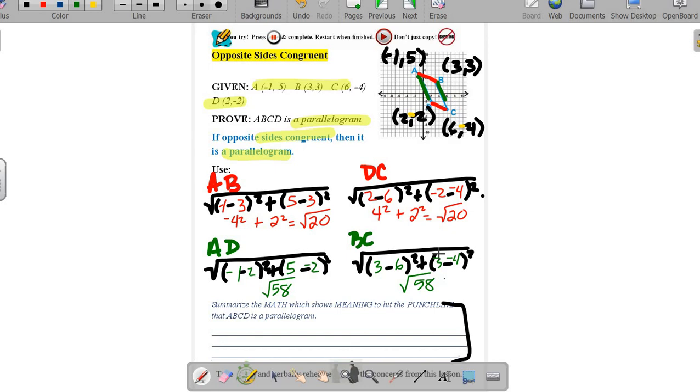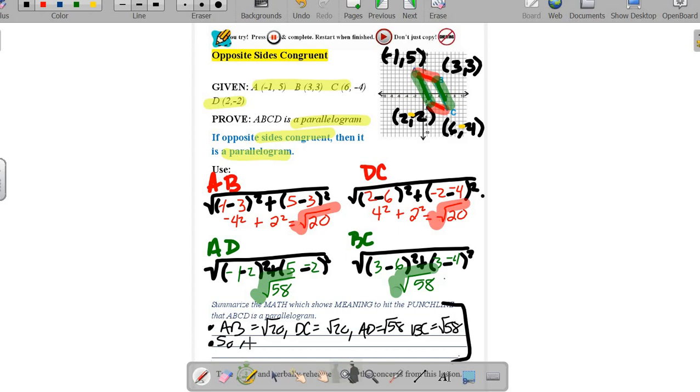If you're trying to show opposite sides are congruent, you're using the distance equation. So if you did that correctly, you found that AB and DC were both root 20. And you found going this way, AD and BC are root 58. So here you would write something like AB equals root 20, DC equals root 20, AD root 58, BC equals root 58.